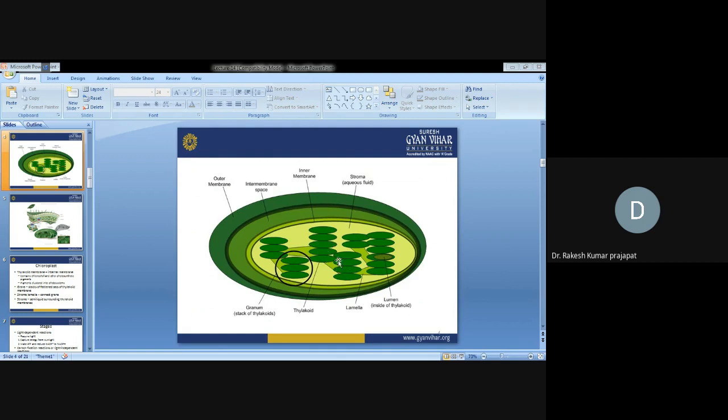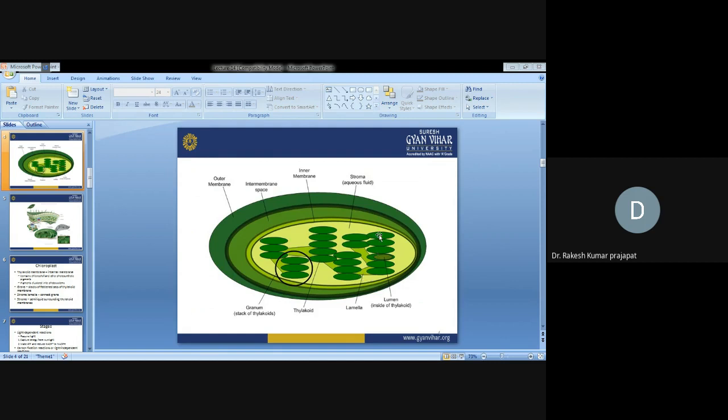All these thylakoids of grana are connected to each other with a particular channel that is known as stroma lamella.